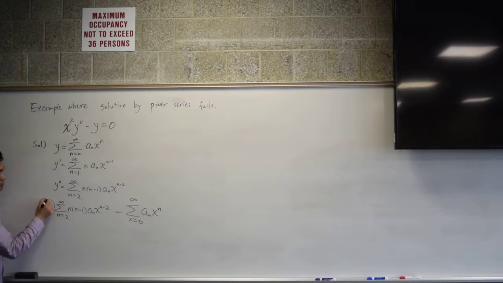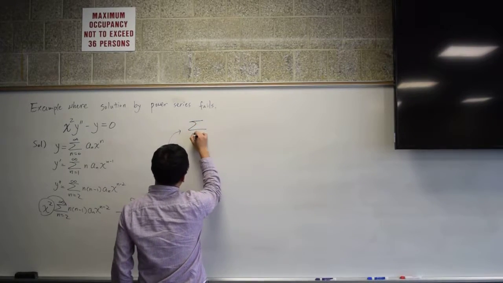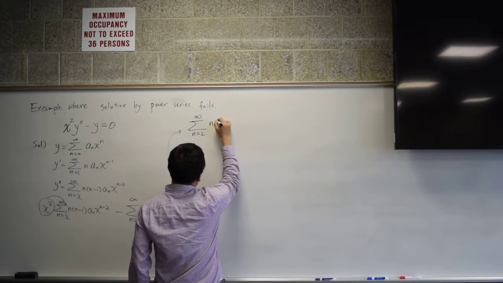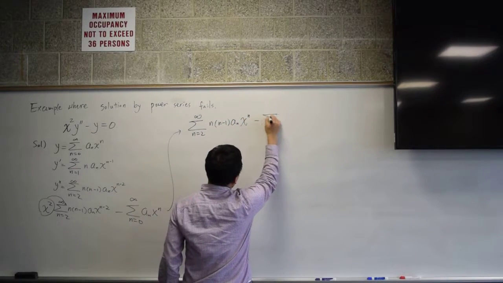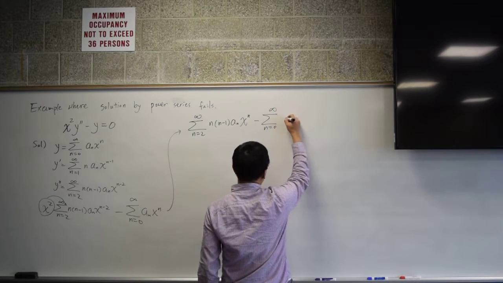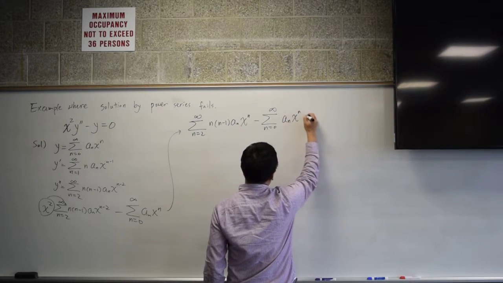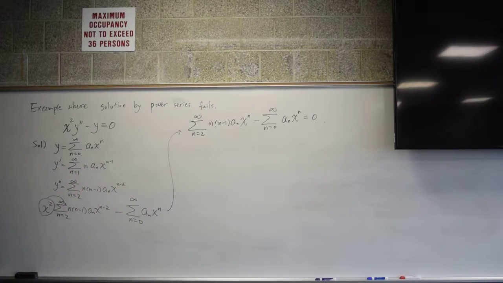This now can be moved inside, and then x squared times x to the n minus 2 just becomes x to the n, which now becomes sigma n from 2 to infinity n times n minus 1 a_n x to the n minus sigma n from 0 to infinity of a_n x to the n equal to 0. That's the power series equation I get if I put these into the left side.